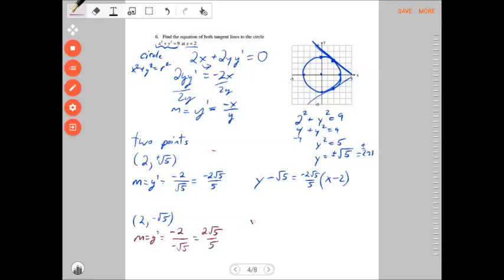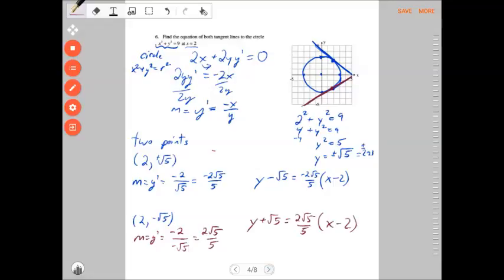So this now is y plus root 5 equals 2 root 5 over 5, times x minus 2 again. You'll notice that there is a positive slope. That is this tangent line, positive slope going through 2 and negative root 5. Kind of neat. So those are the tangent lines.